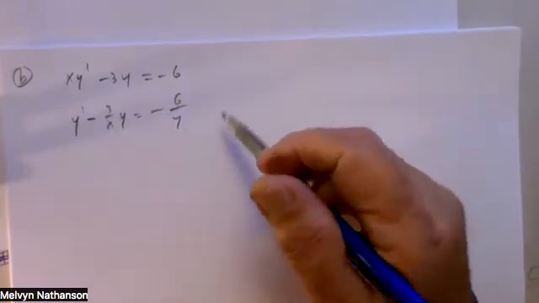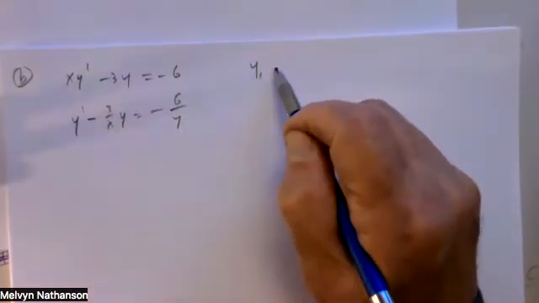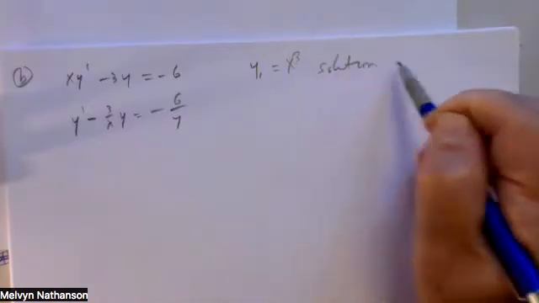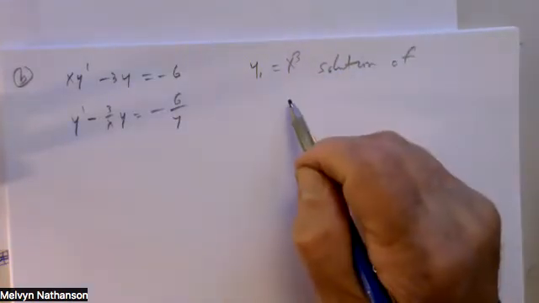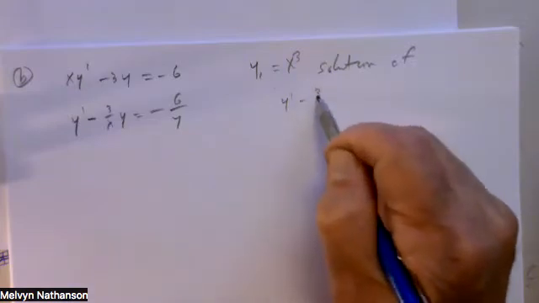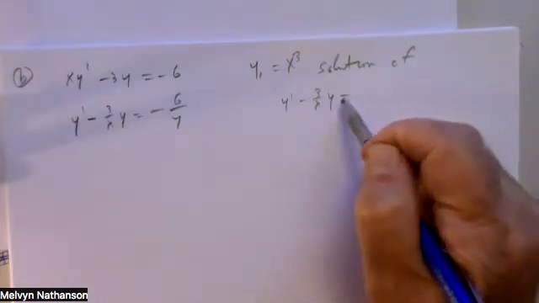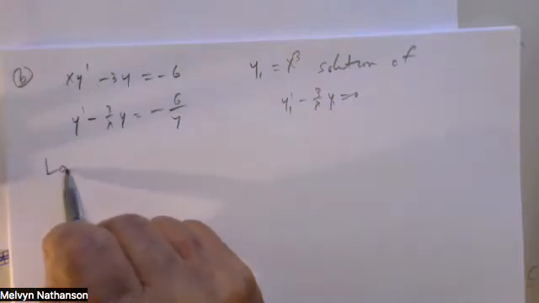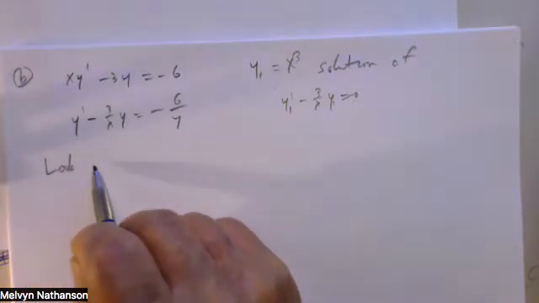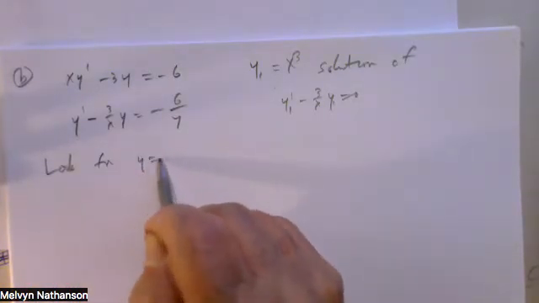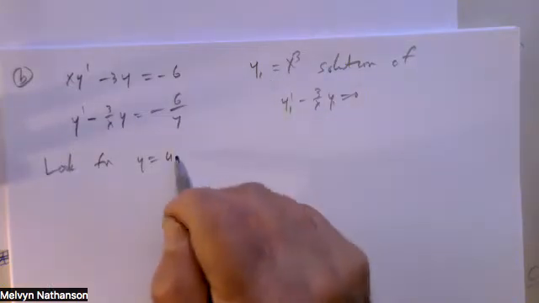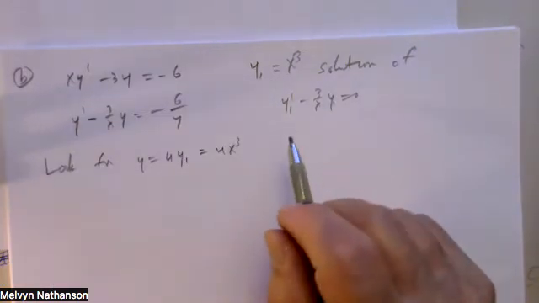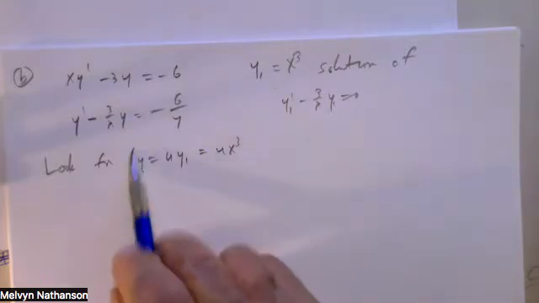And again, if we take y1 equal to x cubed, a solution of the homogeneous equation, y prime minus 3 over x y equals 0, then we look for a function u, so that y equals u times y1, which is u times x cubed, solves the equation, right?